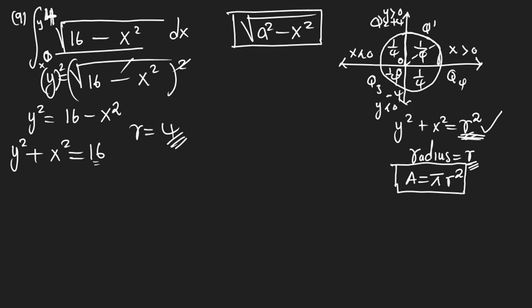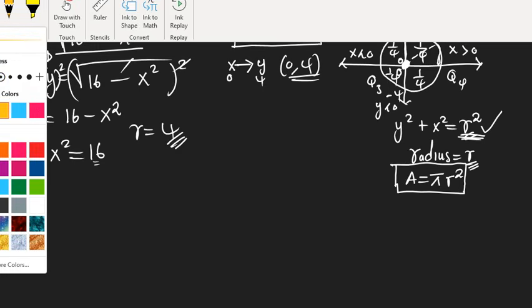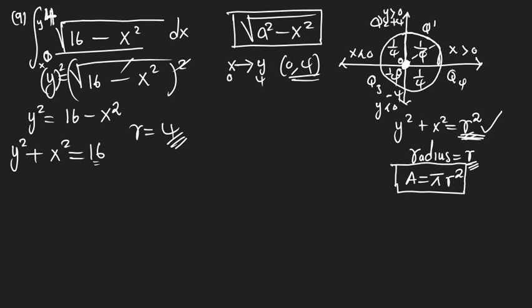So our limit is from x, which is 0, to 4. We are moving from this point to this point, so from 0 all the way to 4.